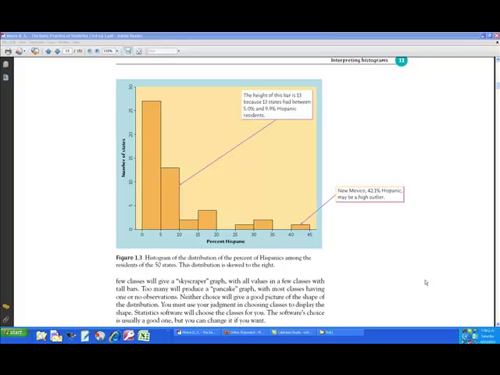Okay, so here we have a histogram and we talk about the distribution of the histogram, and included in that we talk about the shape of the histogram.